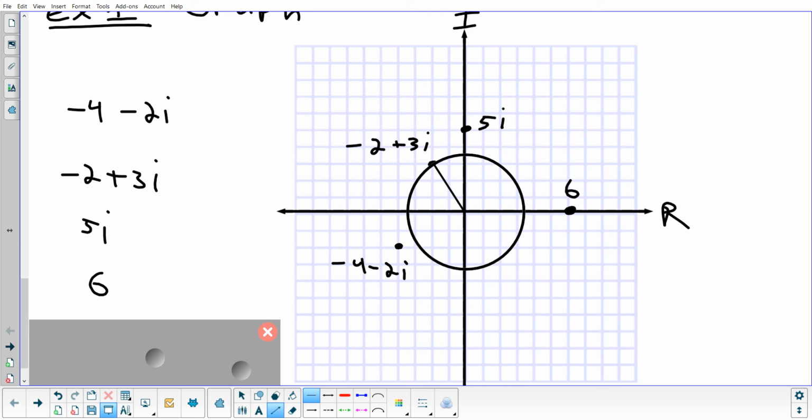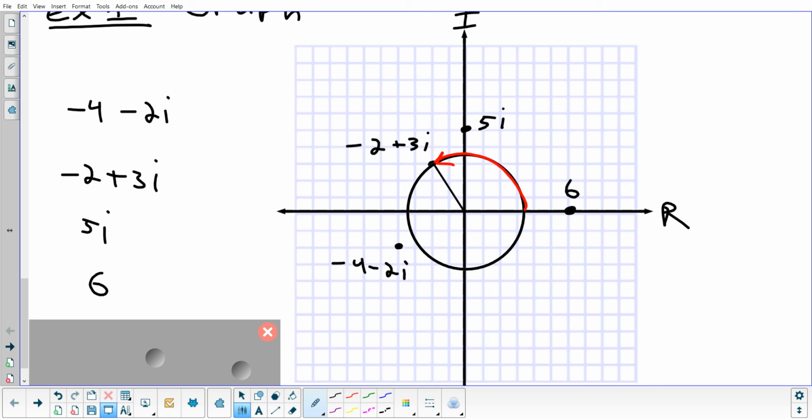If you think of it as being on the circumference of a circle, there's a certain distance away from the origin that it is, and there's a certain amount of degrees that you had to rotate to get to that point. If you can figure out those two things, that's basically how we write a complex number in trig form. What is the distance it is from the origin, and how many degrees did you rotate to get to it?